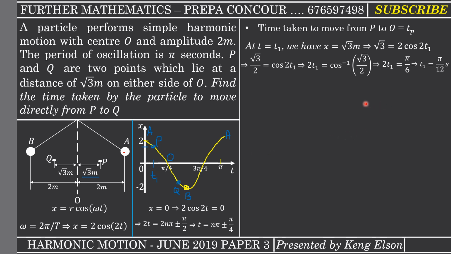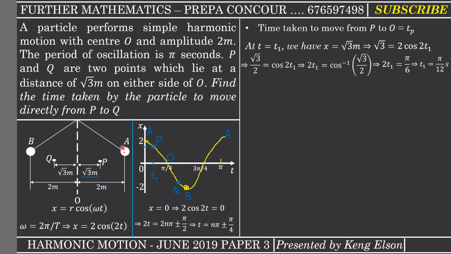Okay, so T1 being pi divided by 12, do we need to find T1? No, we need to find TP. TP is the time taken to move from P to O, alright? You realize that if I take the time taken to move from A to P plus the time taken to move from P to O, I will get the time taken to move from A to O. So to move from A to P, the time taken is T1. Now, to move from P to O, the time taken is our TP, which we are actually finding.